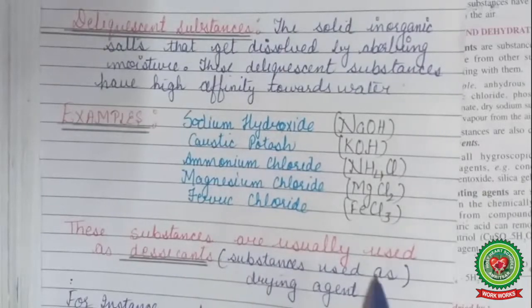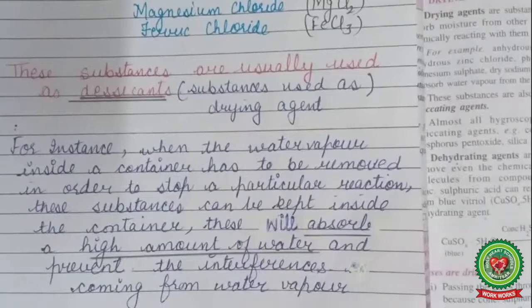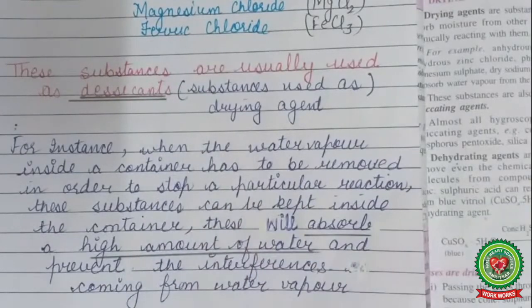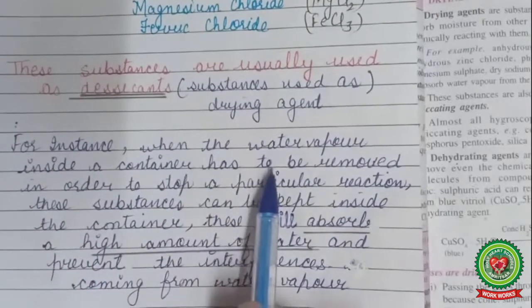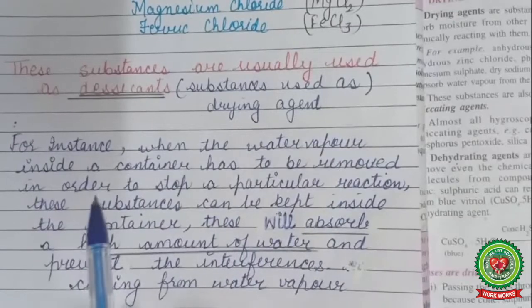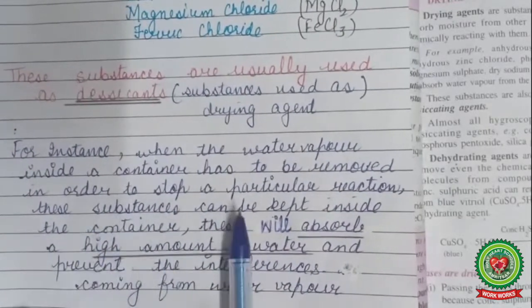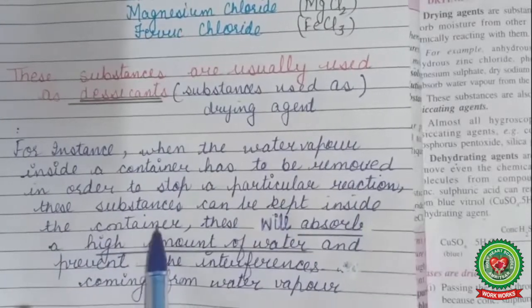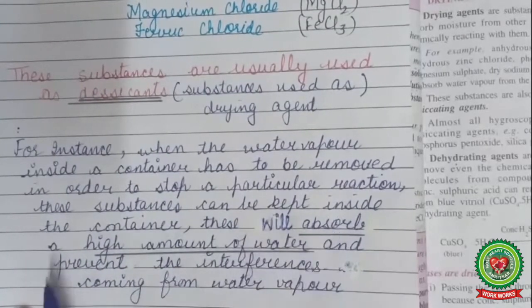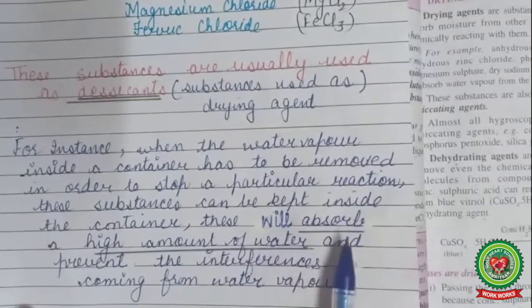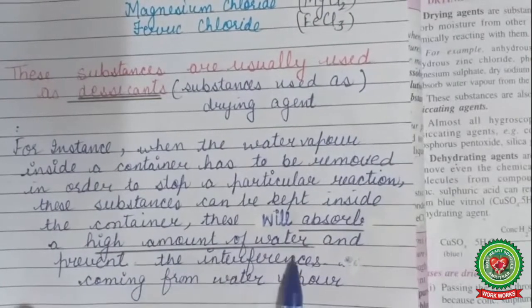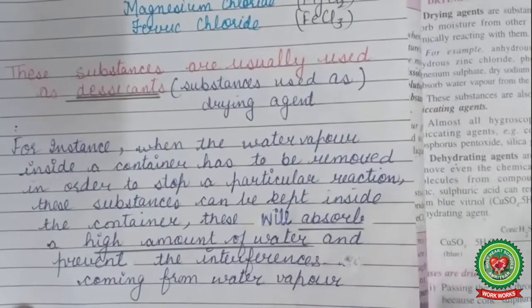You can say substances used as drying agents. For instance, when the water vapor inside a container has to be removed in order to stop a particular reaction, these substances can be kept inside the container. These will absorb a high amount of water and prevent the interferences coming from water vapor.